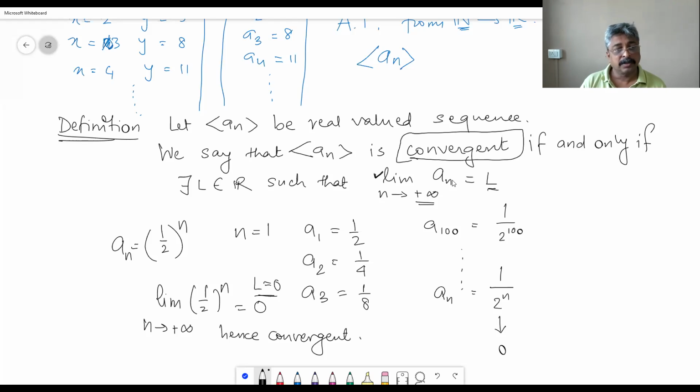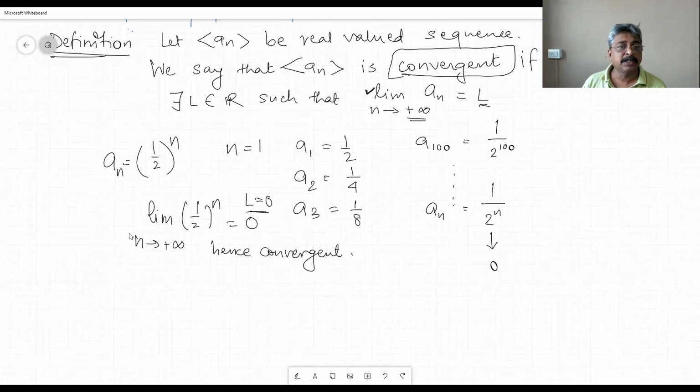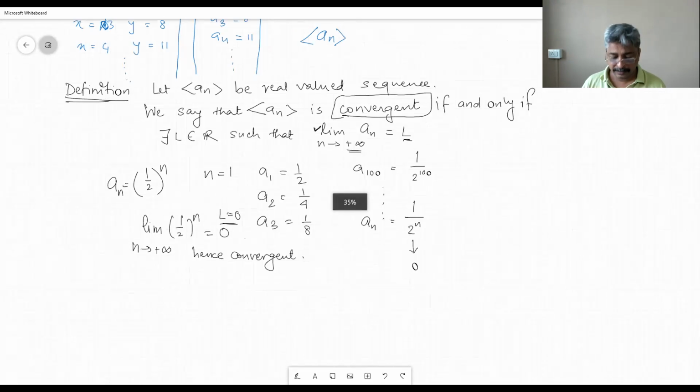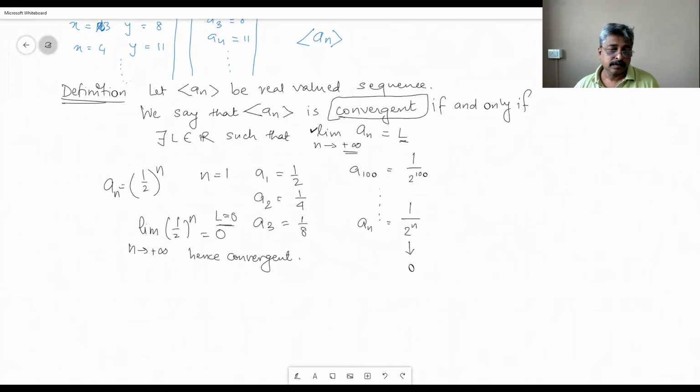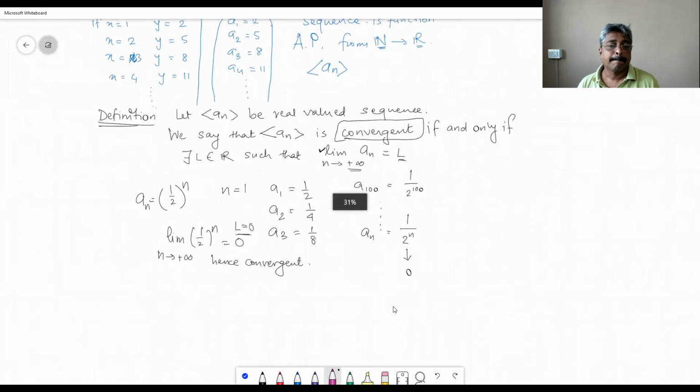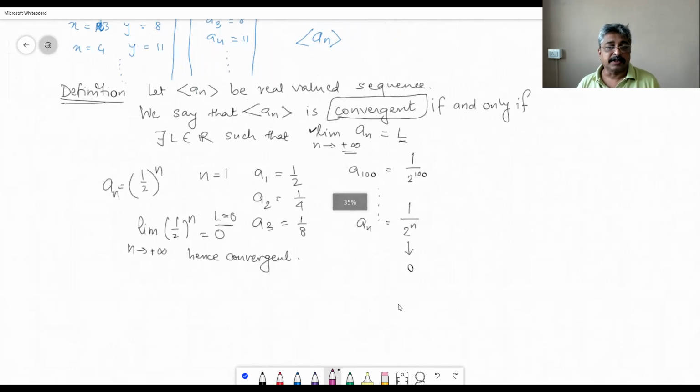Okay. Now I want you to create a definition. An is a real valued sequence.